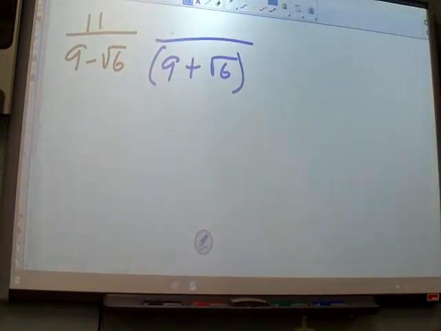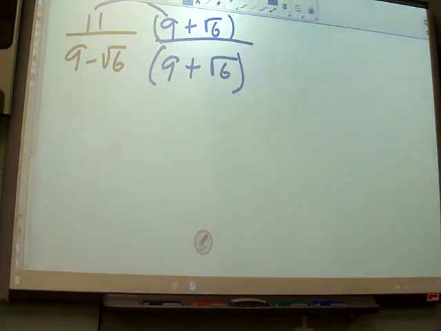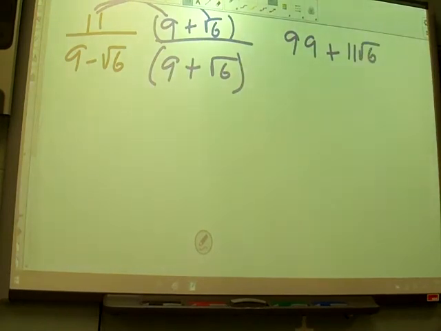Whatever you do on bottom, you have to do on top. Okay, so let's do the top first. This becomes a distributive property problem. 11 times 9 is 99. And 11 times the square root of 6 is just 11 square root of 6.